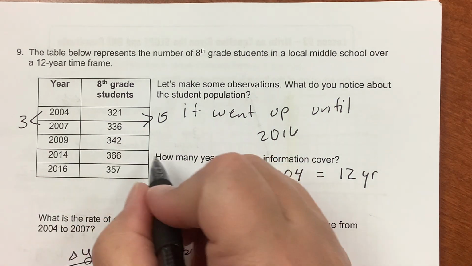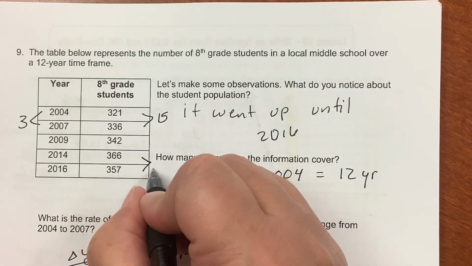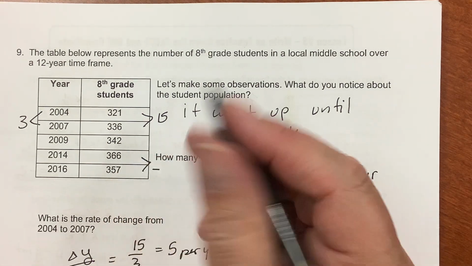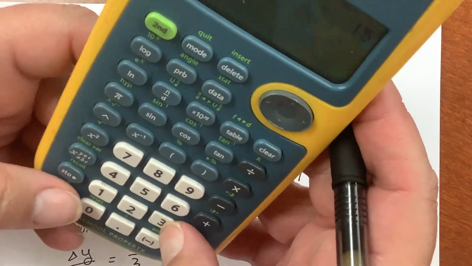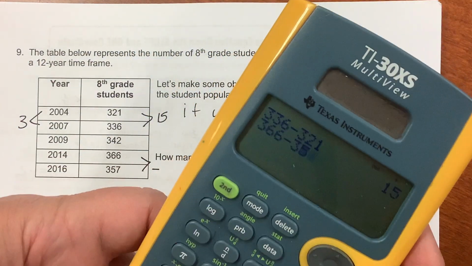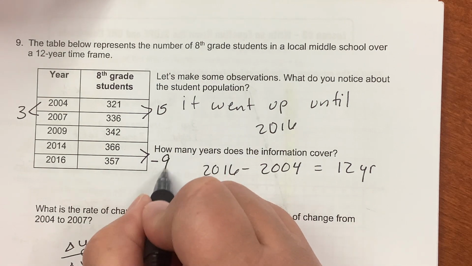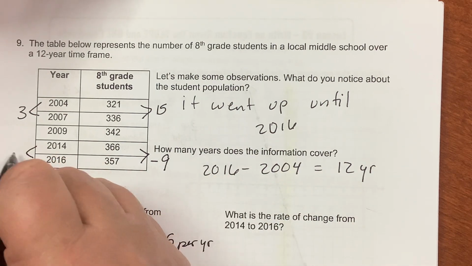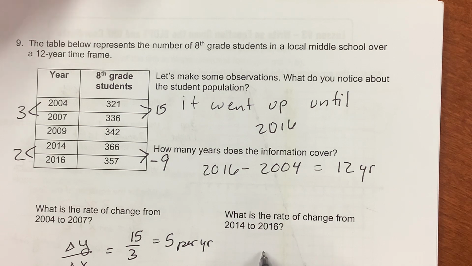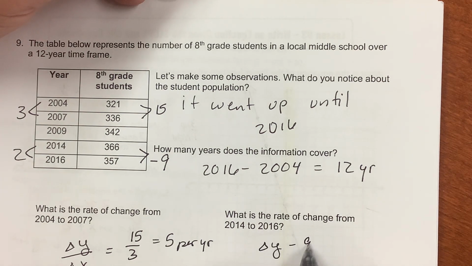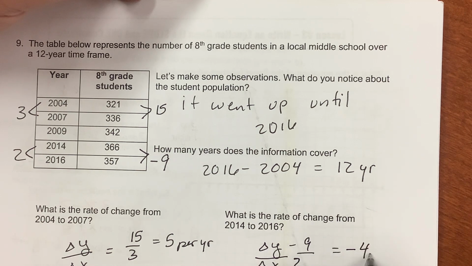Now this one is going down. 366 minus 357 is 9 students. So it went down 9 students in 2 years. So change in y was negative 9, change in x was 2 years, and so it's negative 4.5 students per year.